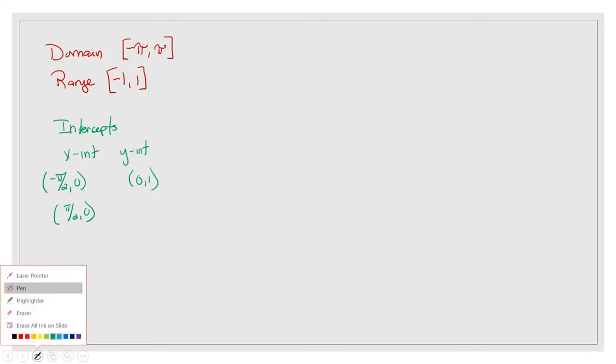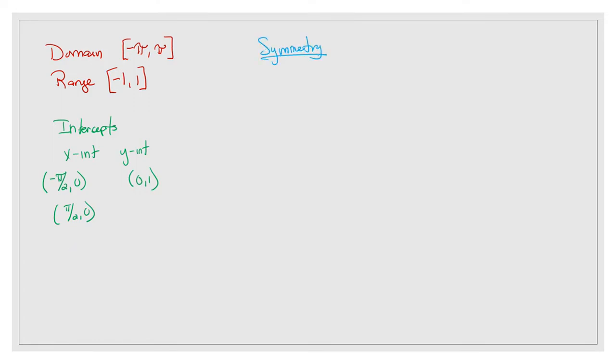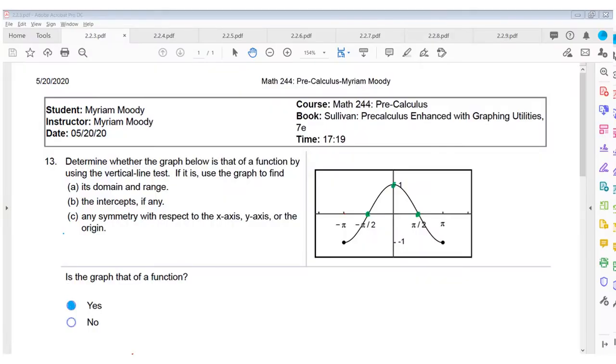Good? Okay, so now let's look at symmetry. Let's check out x-axis symmetry first. X-axis, so that means I pick a point here. It looks at the x-axis as a mirror. Do you see its reflection? Nope, not seeing any x-axis symmetry. All right, so let's look at this point, and the y-axis is now the mirror.